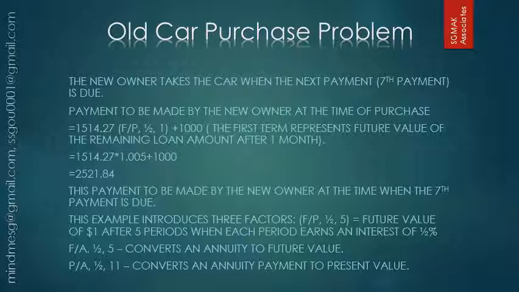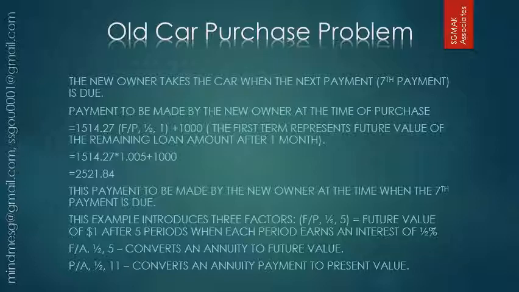Out of that, $1,000 will come back to you, and he takes the car from you and he assumes the responsibility of repaying the loan. So this amount, $2,521.84, is the payment to be made by the new owner at the time when the 7th payment is due.